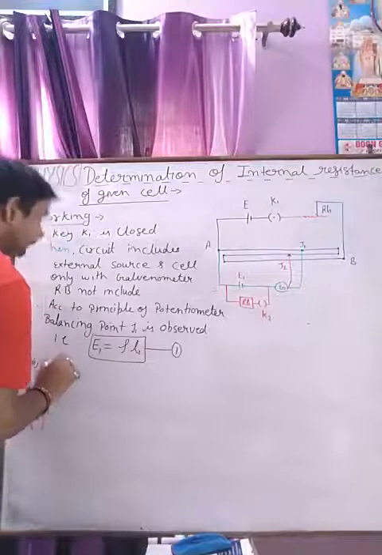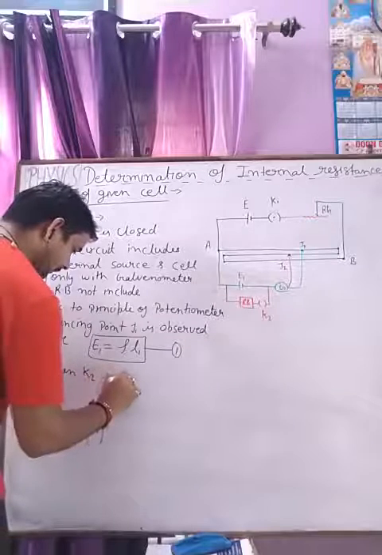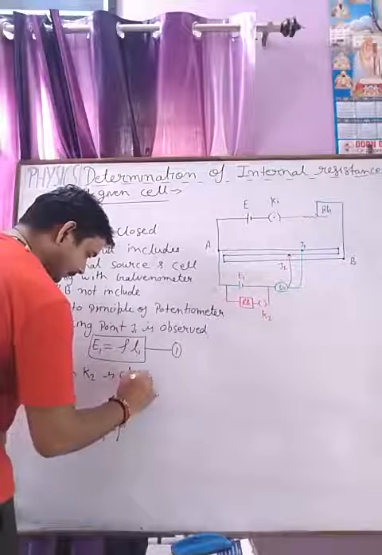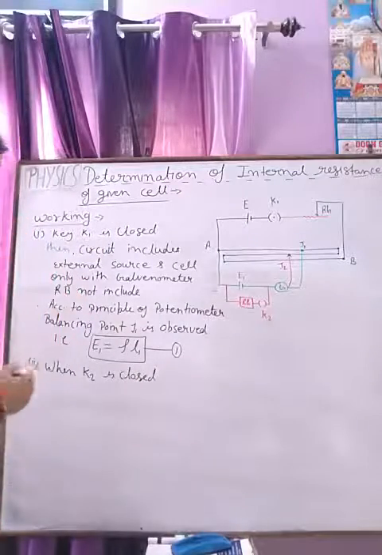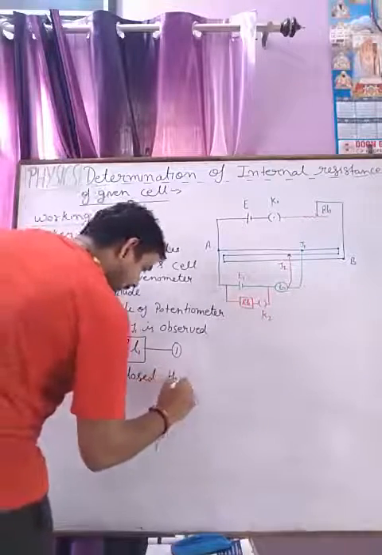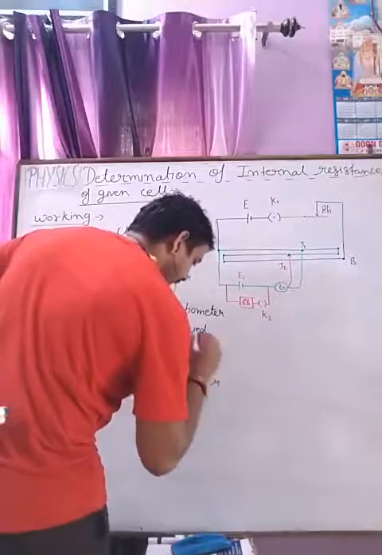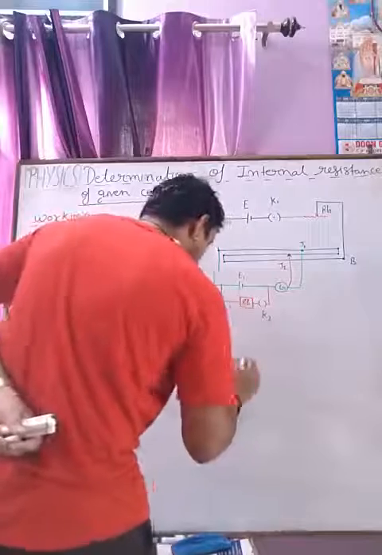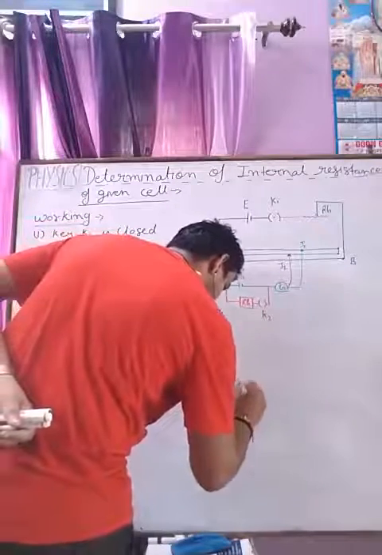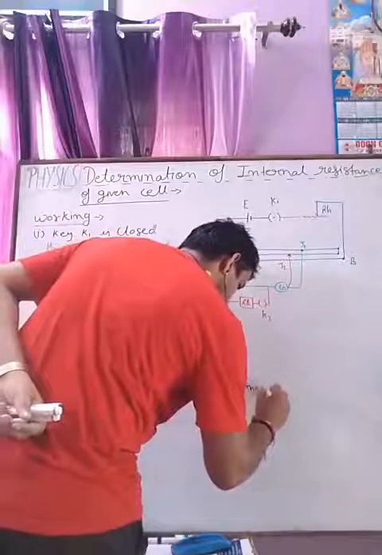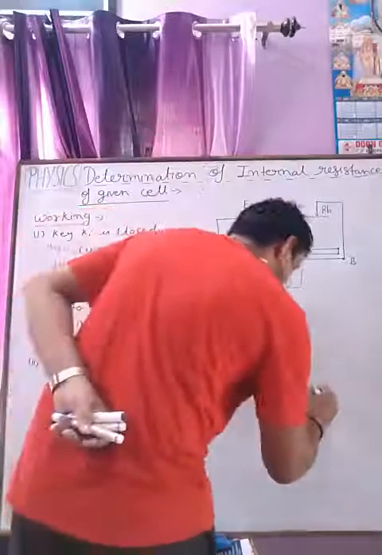Second, when K2 is closed, it is observed that the resistance box is connected with the internal circuit.